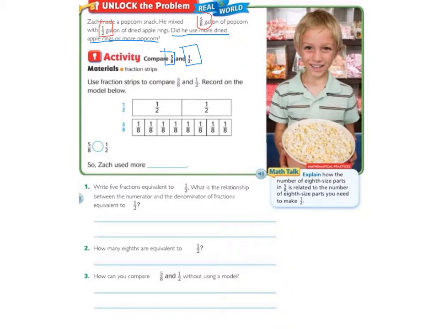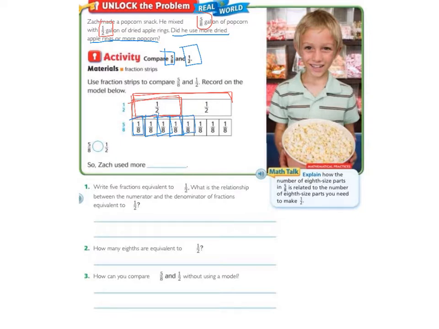One way we can do this is by comparing with fraction strips or a model to show the size of each of these. If I have 1/2, then it looks like this. This whole thing would be a whole, but I just want 1/2. And I want 5/8. So here's 1, 2, 3, 4, 5.